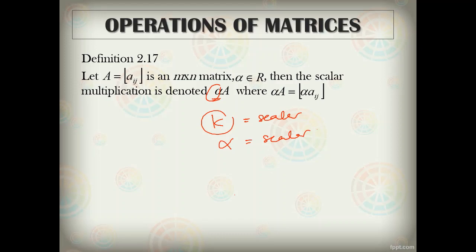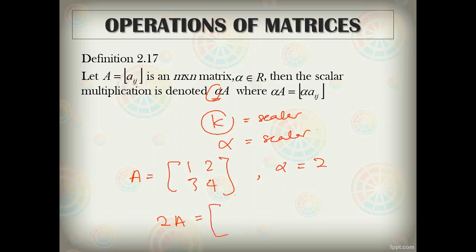When you multiply scalar alpha to your matrix, each of the elements in the matrix is multiplied with the scalar. For example, you have matrix A with 1 2 3 4 here, and then you have a scalar 2. Your alpha is 2. Now 2 multiplied with A means you multiply each of the elements in A with 2.